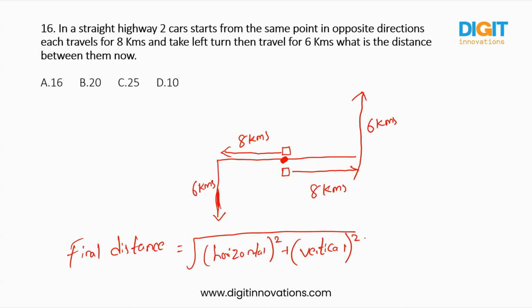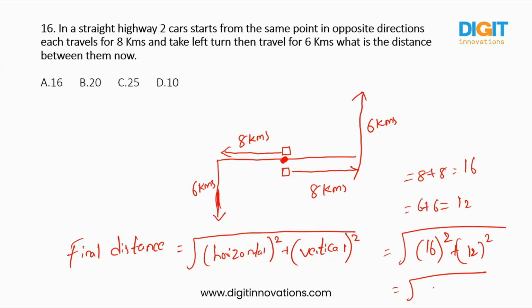This is the formula if you're asked to find the distance between two things moving in opposite directions. Horizontally, how much distance do they travel? Here 8 kilometers, 8 kilometers, which is 8 plus 8, which is 16. So 16 square, and vertically here 6 and here 6, 6 plus 6, which is 12. So 12 square.